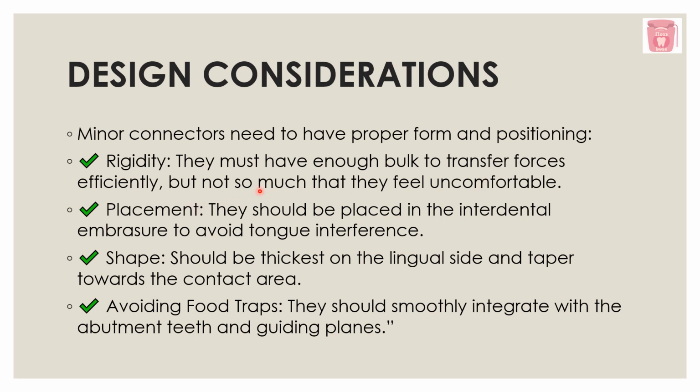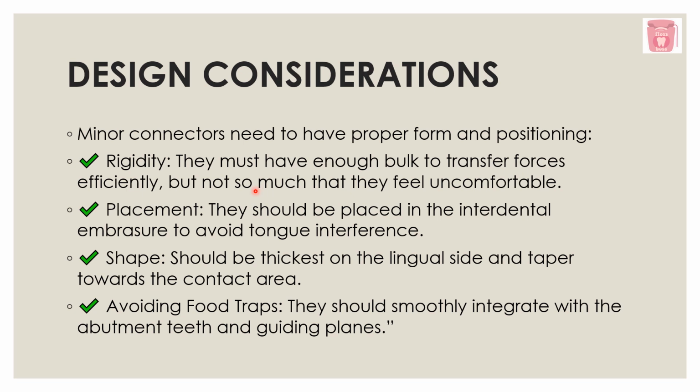Okay, in rigidity it must have enough bulk to transfer forces efficiently but not so much that it feels uncomfortable. Okay, for rigidity, wherever we want a place or an area in a denture to be rigid, we need to give a proper bulk, but that bulk should be only that much that is efficient to transfer forces. It should not be so bulky as to cause an uncomfortable feeling in the patient's mouth.